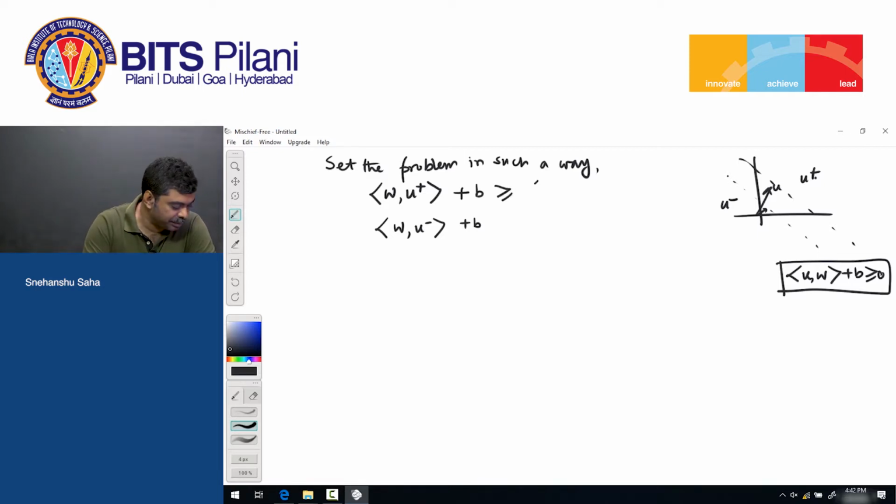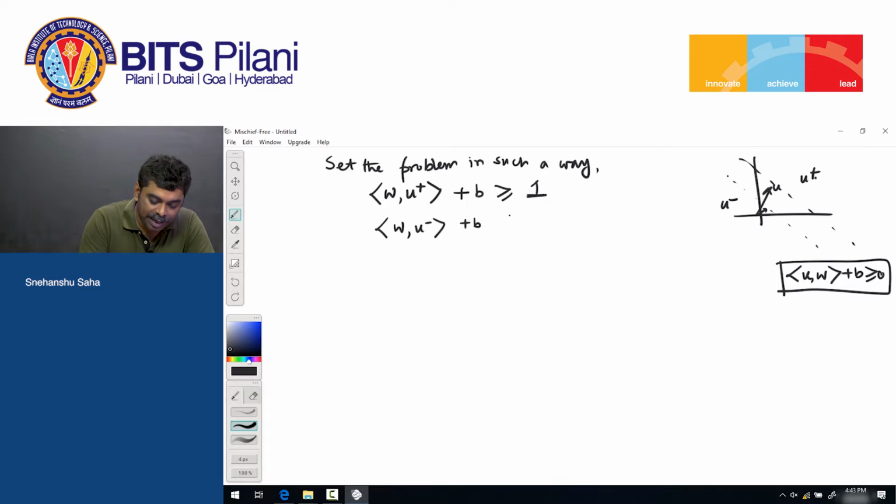So let's do this. Let's say I set an additional condition that instead of just saying this is greater than or equal to 0, because greater than or equal to 0 means you are kind of expecting a line, and you are expecting the inner product of u and w plus b to be just above 0 or below 0. Instead of that, we really want two support vectors, correct?